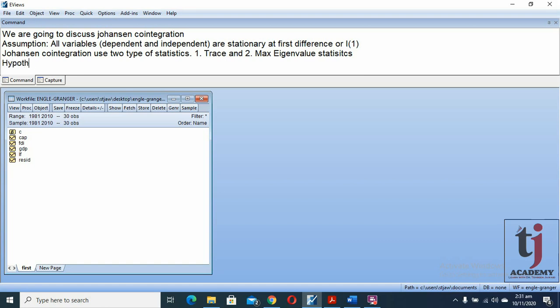The hypothesis of the Johansen test is there is no cointegration.